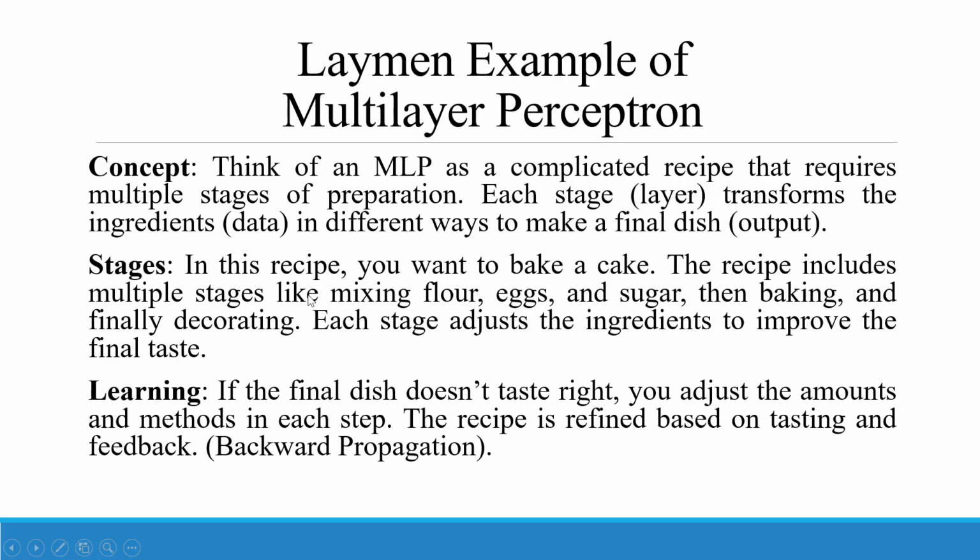The recipe includes multiple stages like mixing flour, eggs, and sugar, then baking, and finally decorating. Each stage adjusts the ingredients to improve the final taste. Learning. If the final dish does not taste right, you adjust the amounts and methods in each step. The recipe is refined based on testing and feedback. This is known as backward propagation.